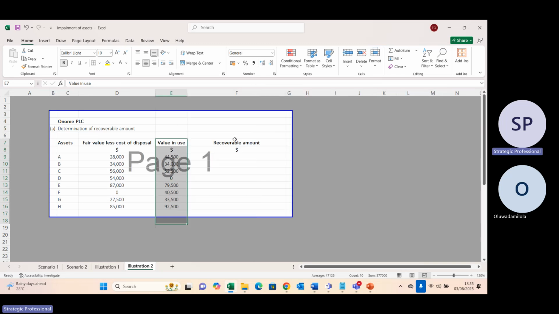What did I say initially? It is the amount that I recover or realize either from immediate use, which is fair value less cost of disposal, or continuous usage, which is value in use. Now, how do you then determine the recoverable amount? In your view, what is the recoverable amount of asset A?